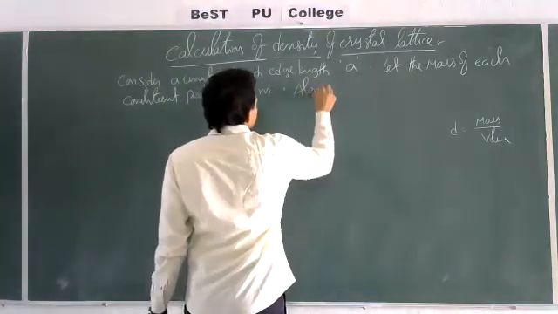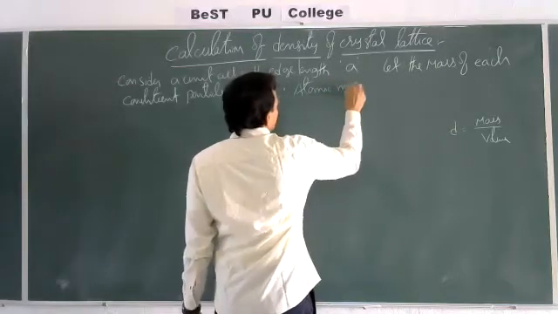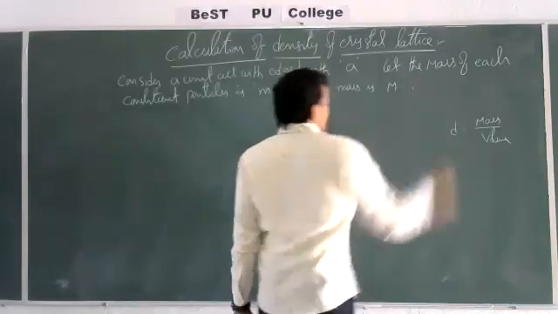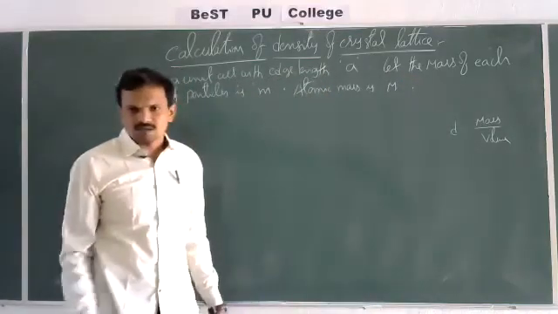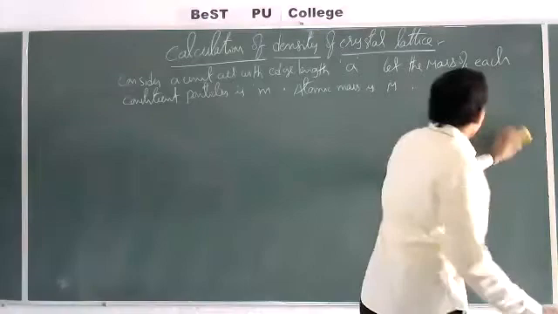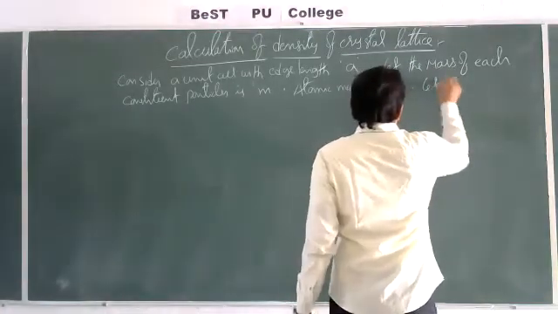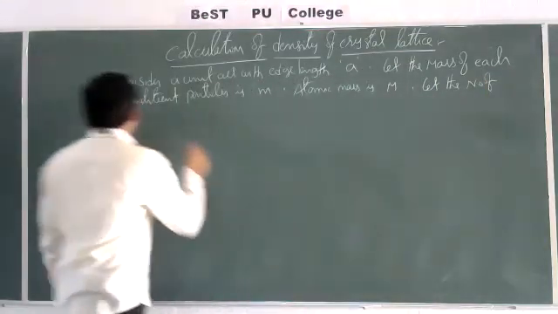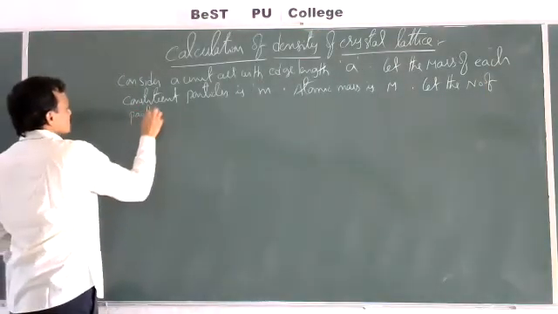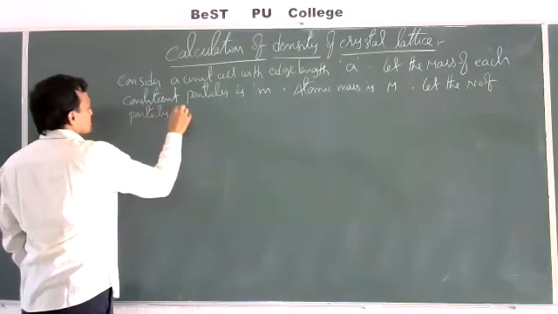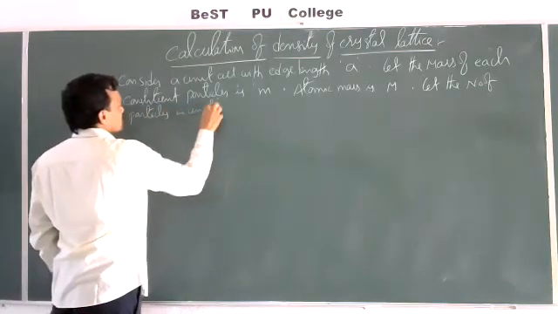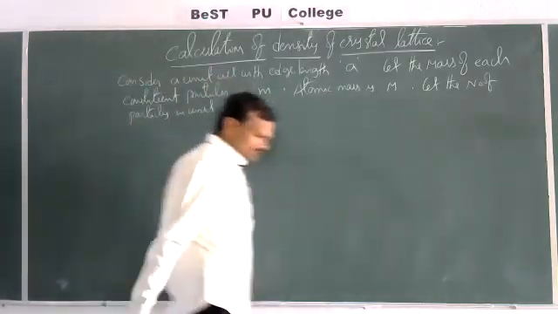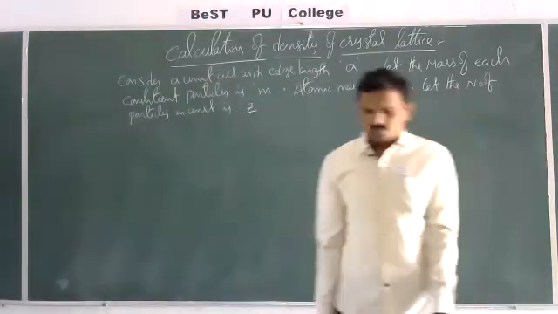Atomic mass is capital M. Capital M is the atomic mass of the constituent particle, and let the number of particles in the unit cell be Z. So these are the terms we are going to use in the derivation.